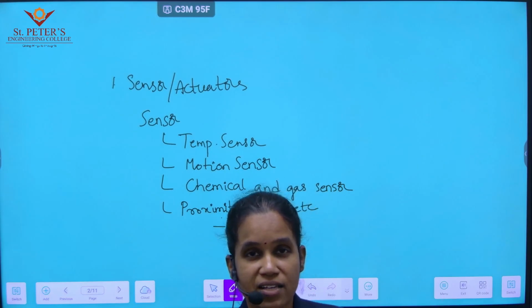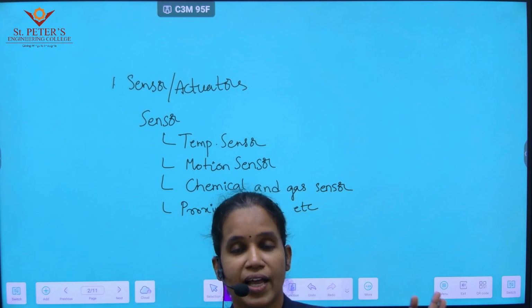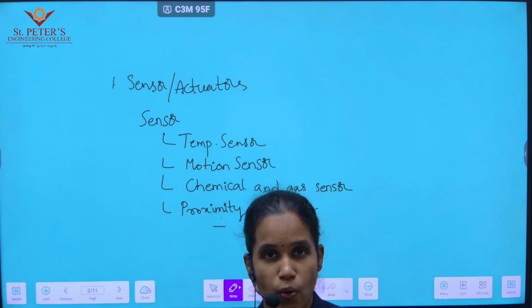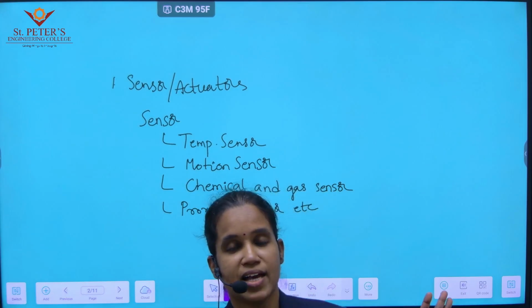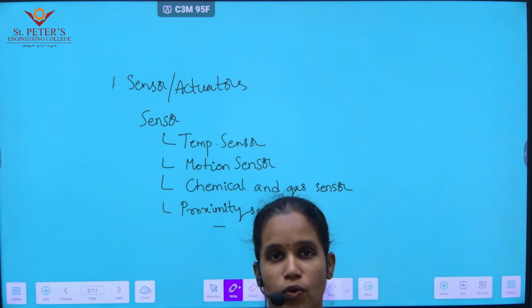Whereas gas sensors are used to detect the presence of a harmful chemical or hazardous gas only in the gaseous form. These sensors are mainly used to measure the air quality in an environment.